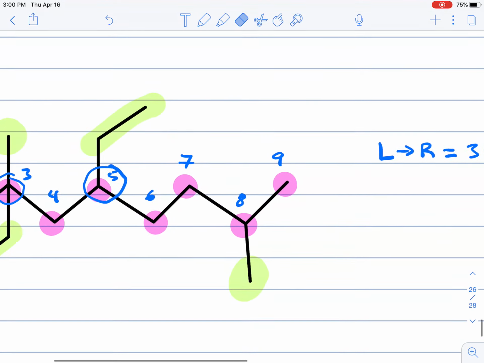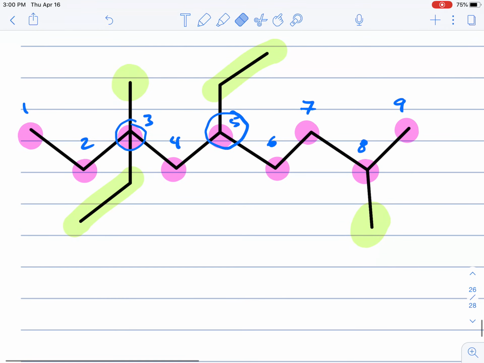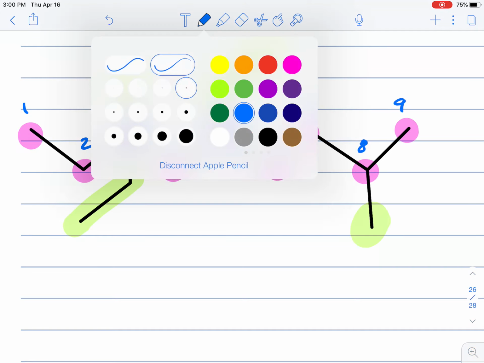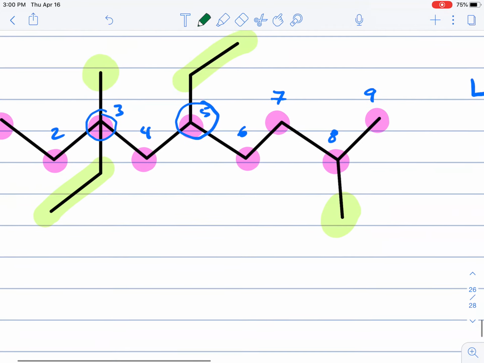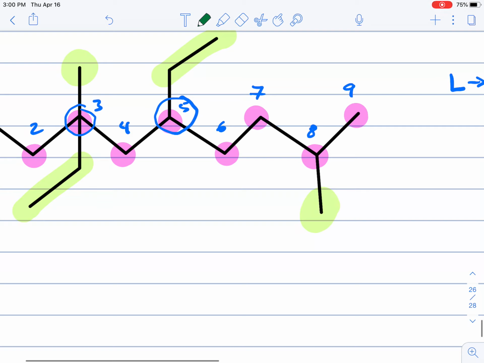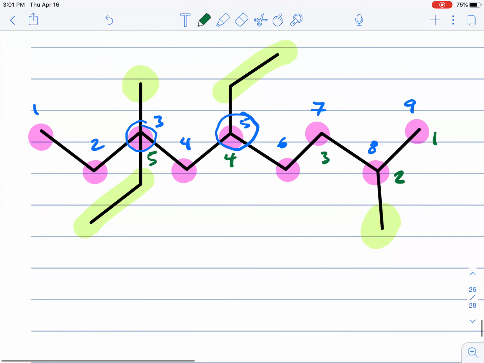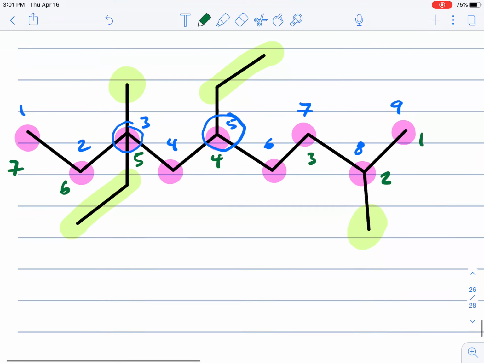All right, so now that I have confirmed the total number, I'm going to go ahead and change my numbering system. So here I have 1, 2, 3, 4, 5, 6, and 7. Okay. All right, and let's see here.